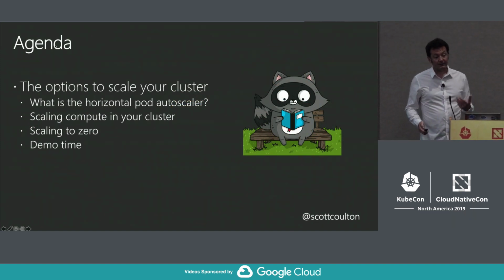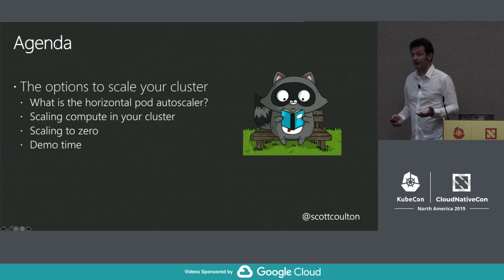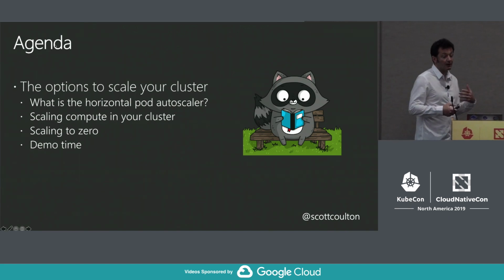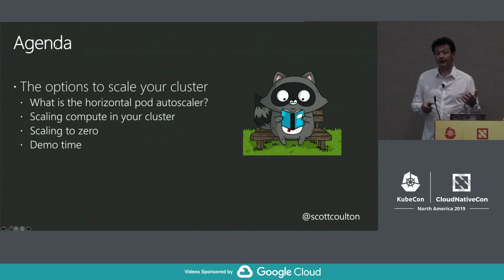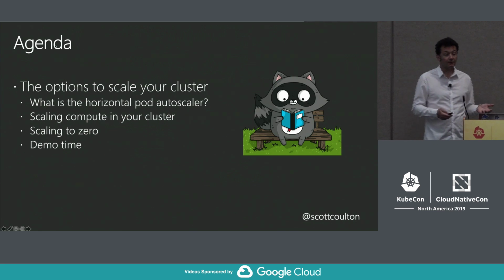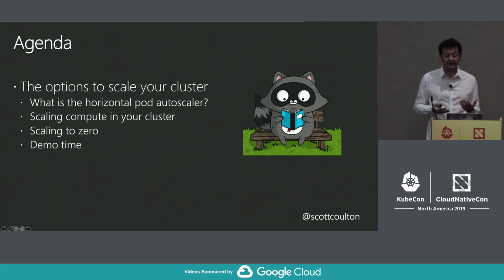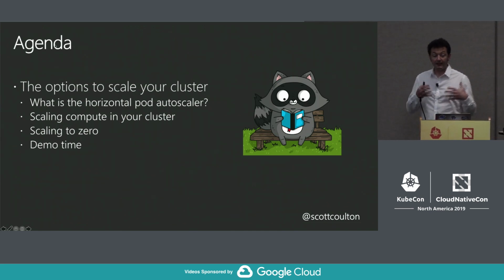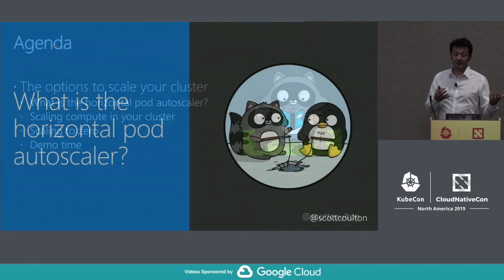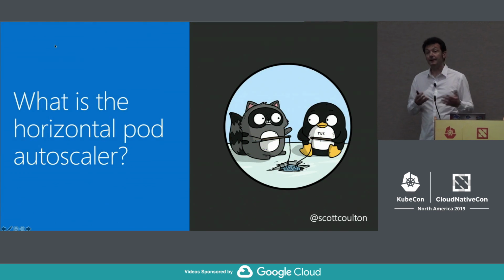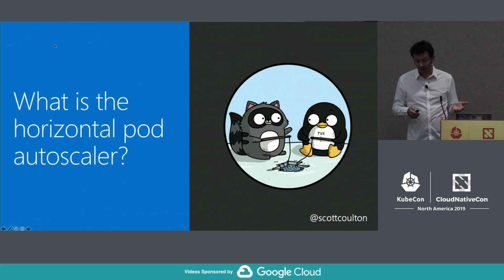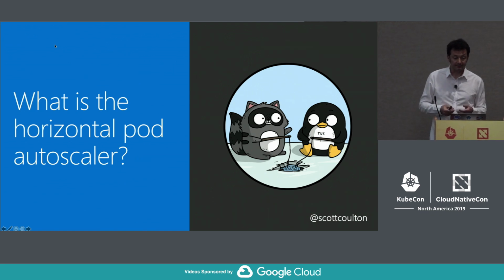So first, the horizontal pod autoscaler. Kubernetes is an orchestrator for containers. When you launch containers, you sometimes want to scale your app in an automatic way, and the horizontal pod autoscaler is there for you. It helps you automatically scale the number of pods in a replication controller or a replica set based on looking at CPU utilization or different metrics out there.